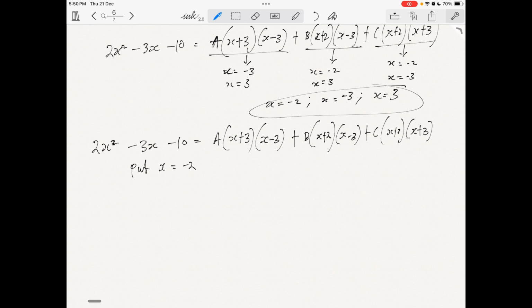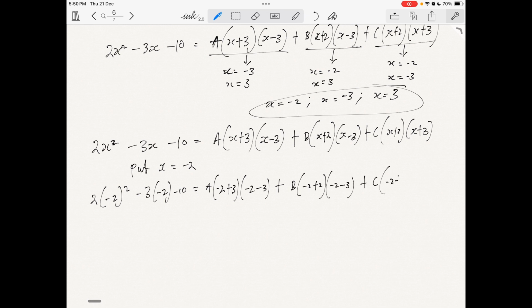So in that case, we have 2 into minus 2 squared minus 3 into minus 2 minus 10 is equal to a into minus 2 plus 3, and this will be minus 2 minus 3, plus b into minus 2 plus 2 and minus 2 minus 3, plus c into minus 2 plus 2 into minus 2 plus 3.